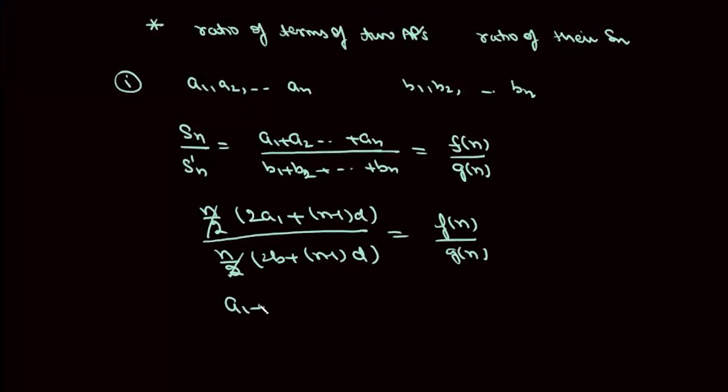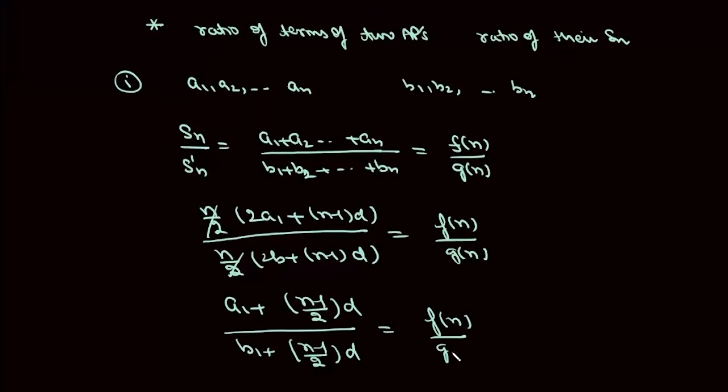We can write (a1 plus (n minus 1) by 2 d) upon (b1 plus (n minus 1) by 2 d dash) will be f(n) by g(n). Now we need to find the ratio of their nth terms. So we need to find An upon Bn. Now we know that An is a plus (n minus 1) into d.